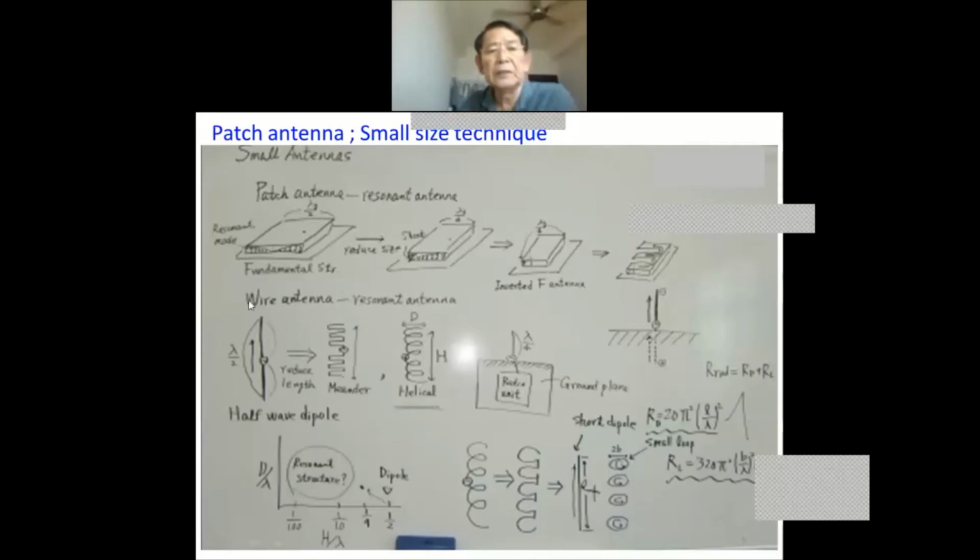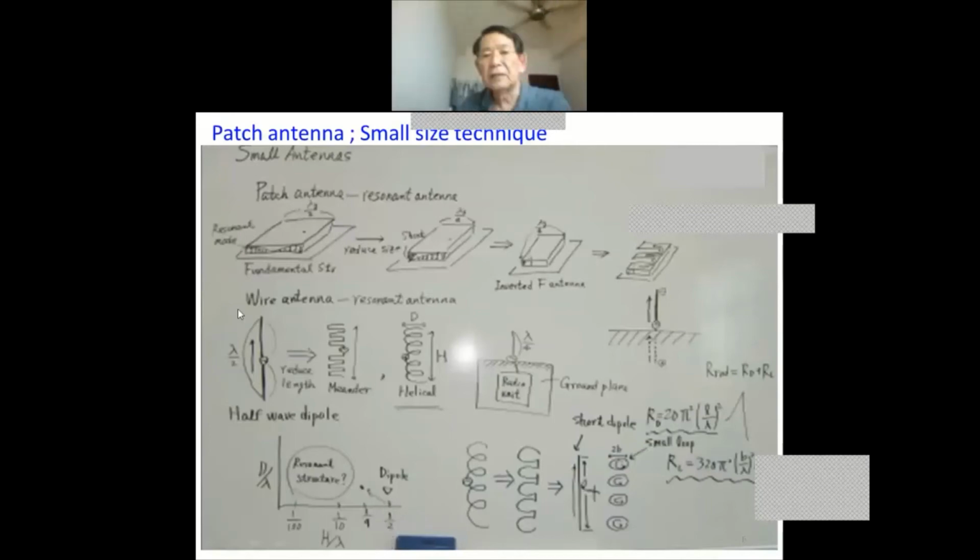In the dipole wire antenna, the straight line can be shaped like this rectangular shape or a coil shape. This too can reduce the antenna size. Sometimes this antenna height can be reduced.